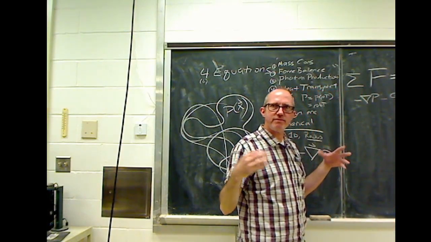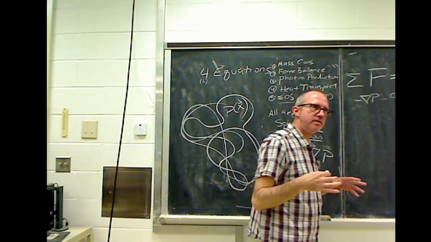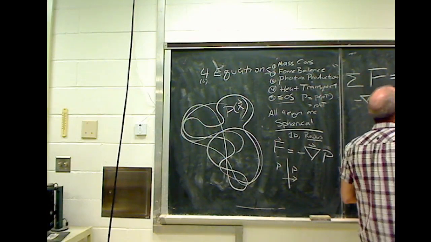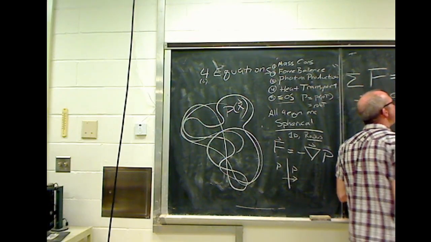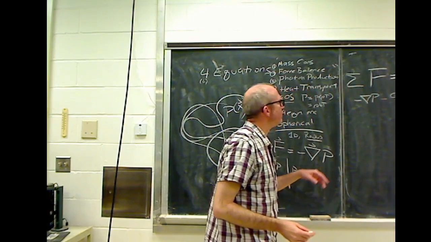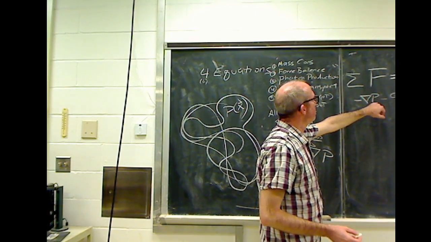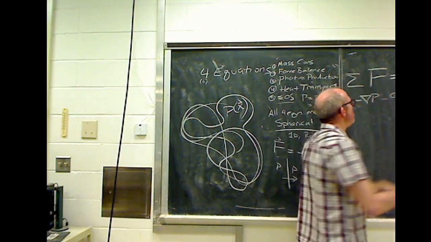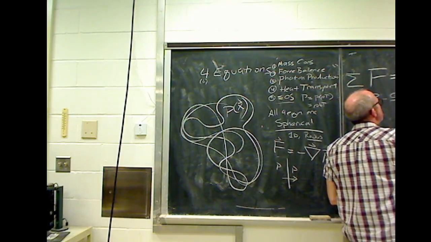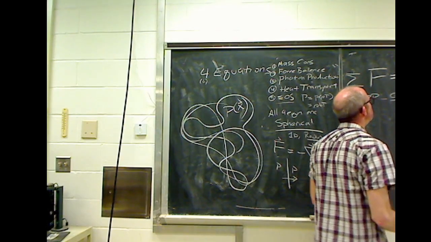M is the mass of the star. I need another M, so I'm going to use rho, because this is actually the force per unit volume. So minus grad P minus G M rho over R squared equals 0.